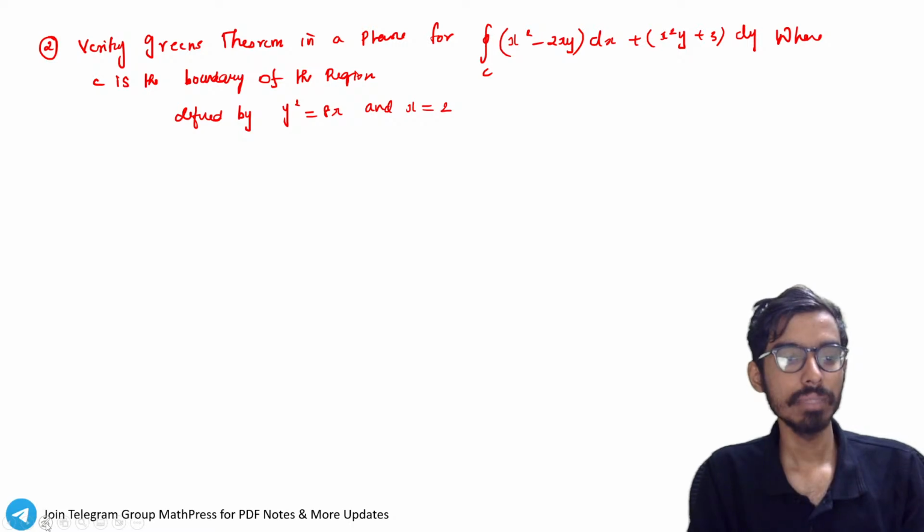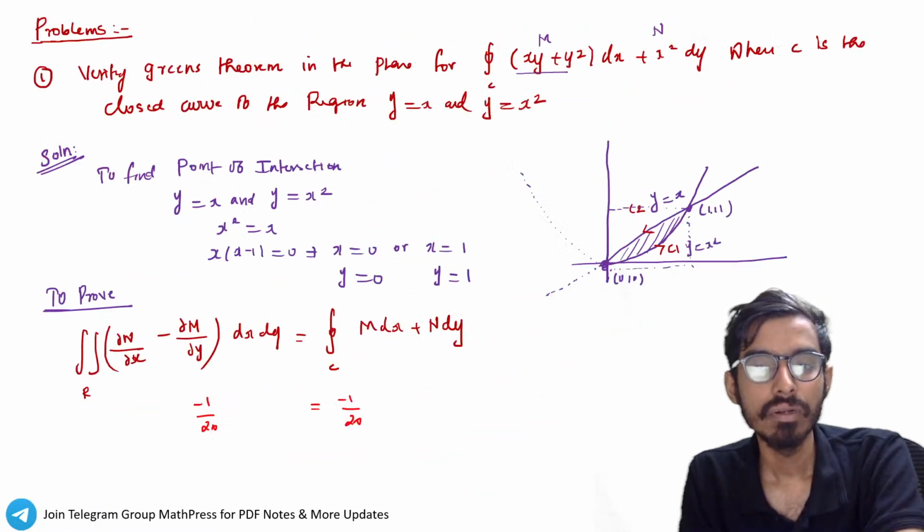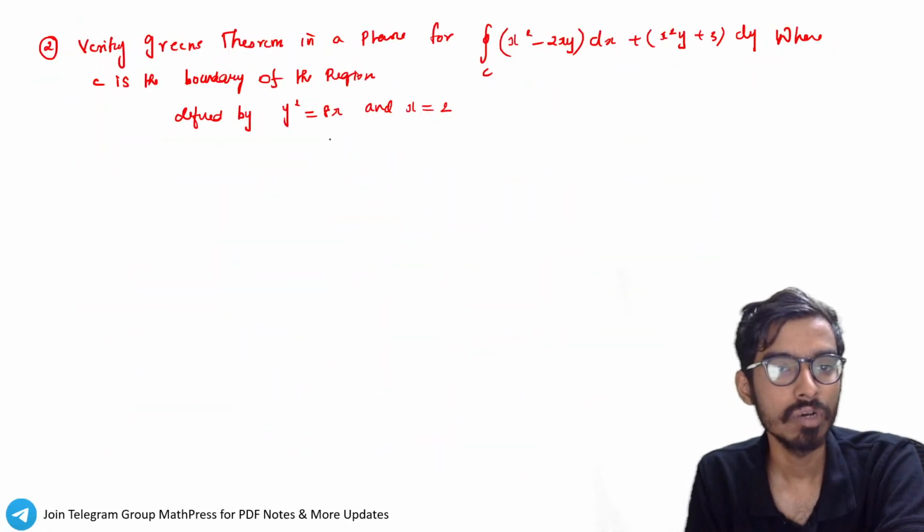So in the previous problem they were given y is equal to x and y is equal to x square. Instead of these two curves, they are given these two curves, right?